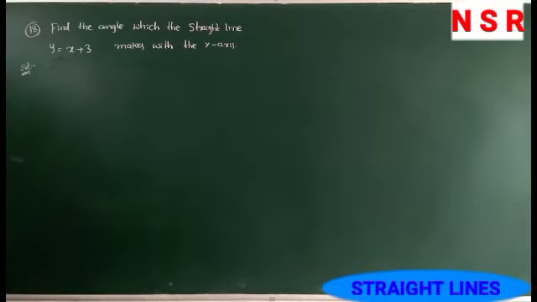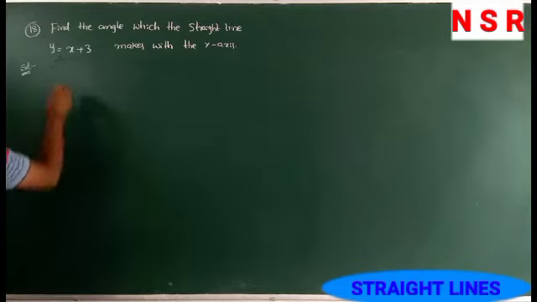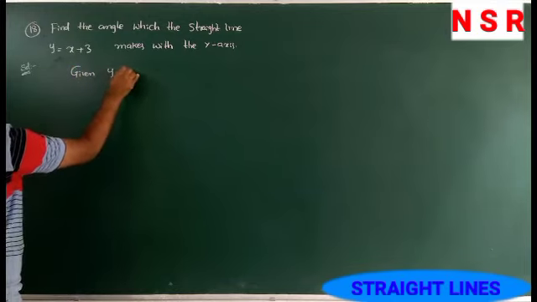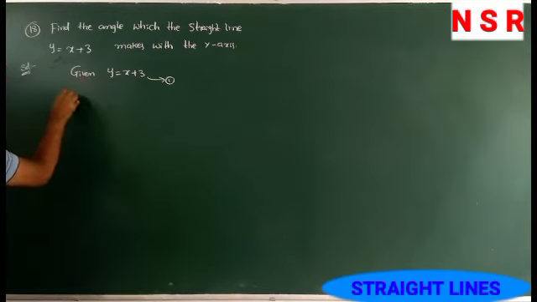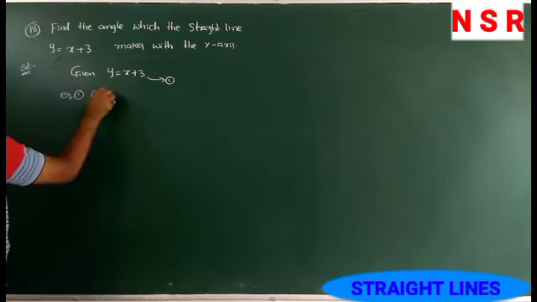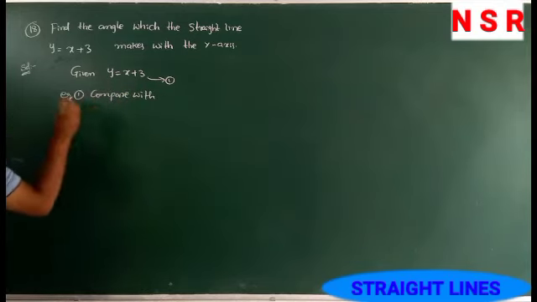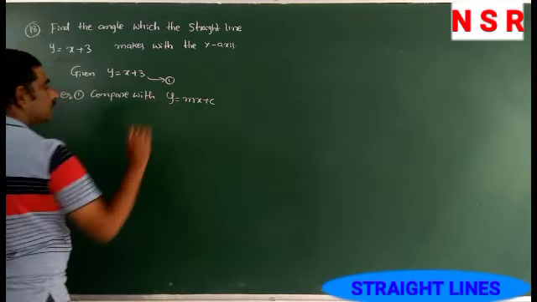So next, question number 18: find the angle which the straight line y equal to x plus 3 makes with the y axis. Here the given line is y equal to x plus 3. Take it as equation 1 and compare it with y equal to mx plus c.